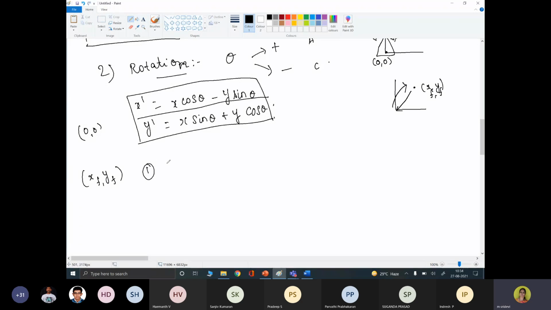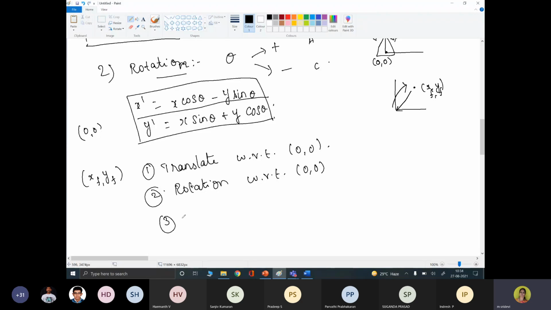The first step is to translate the object with respect to the origin, then perform the rotation with respect to the origin, and then again perform the inverse translation.